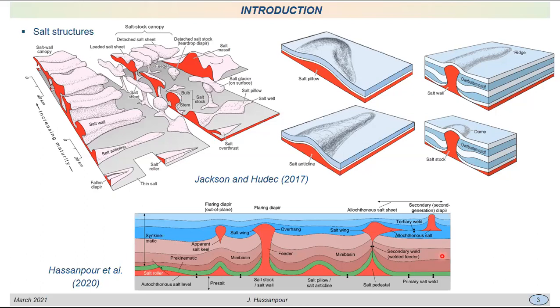When the salt is evacuated from any of these positions, the autochthonous level, a diapiric stem, or the allochthonous salt level, it forms a salt weld. The primary salt welds form at the autochthonous level, while the secondary salt weld forms at the diapiric stem or the feeder of the diapir, and the tertiary weld forms when the allochthonous salt is evacuated into secondary or second generation salt diapirs.